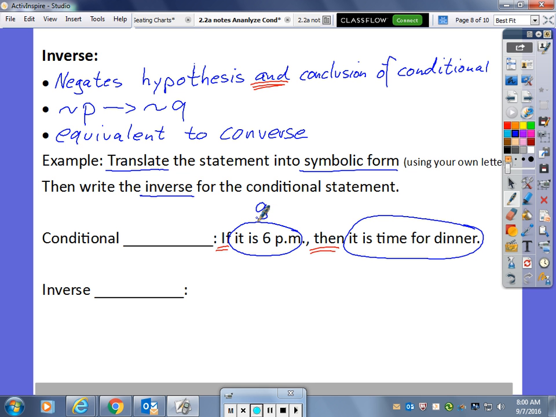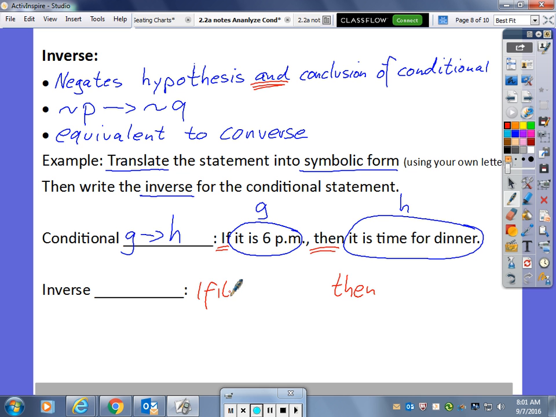I'm going to use G and H now for our letters, and therefore in symbolic notation, the conditional statement can be written like this: G arrow H. Our if and our then will stay always in their place. And now all we do is we take our hypothesis, negate it, and then we take our conclusion and negate it.